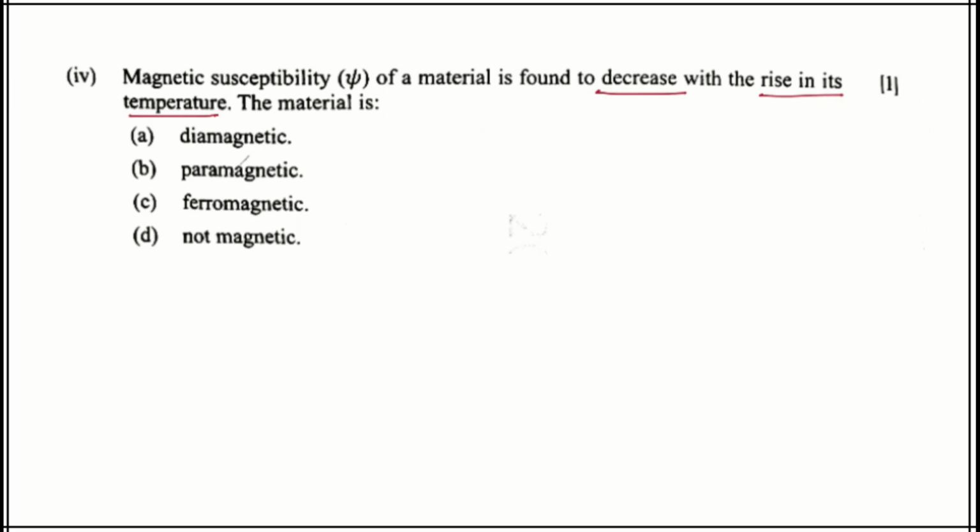So in this case, for diamagnetic substances, we know that chi is not related with temperature. That means chi is not a function of temperature.